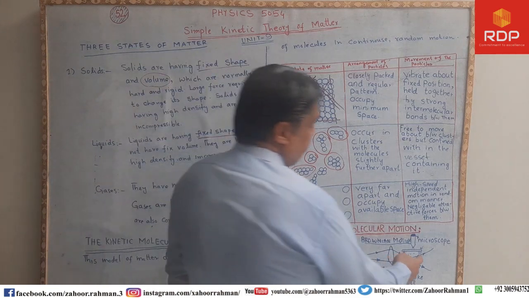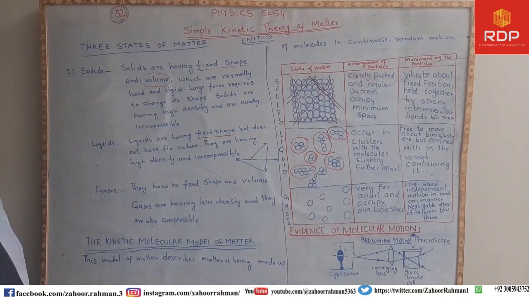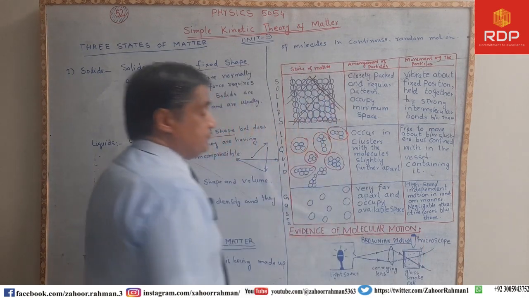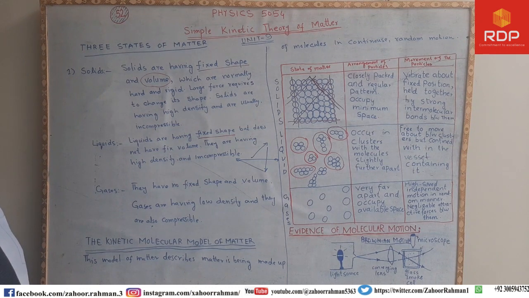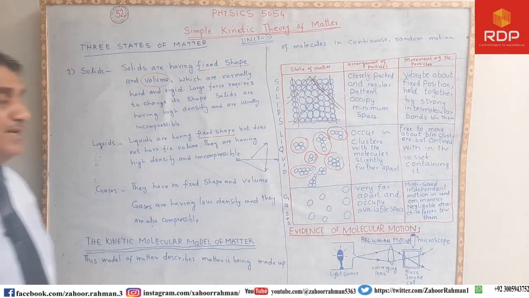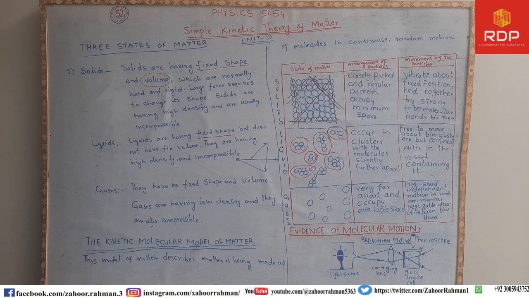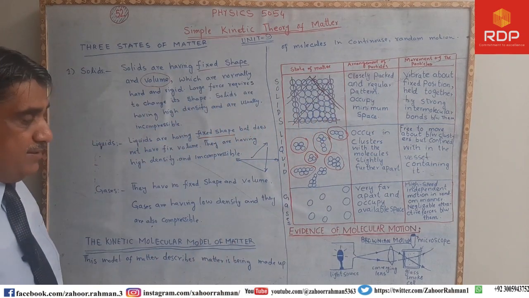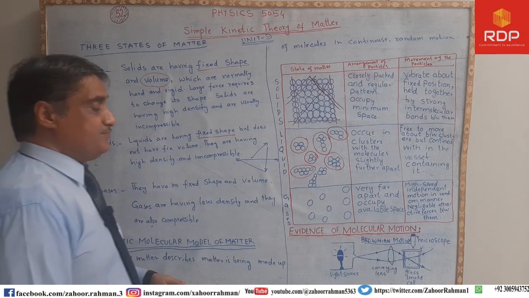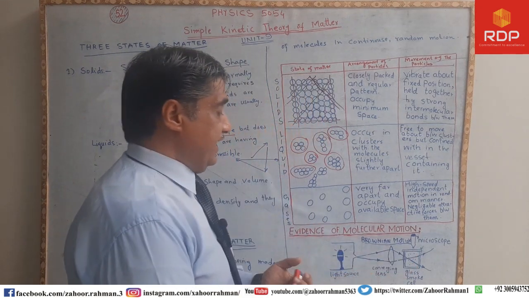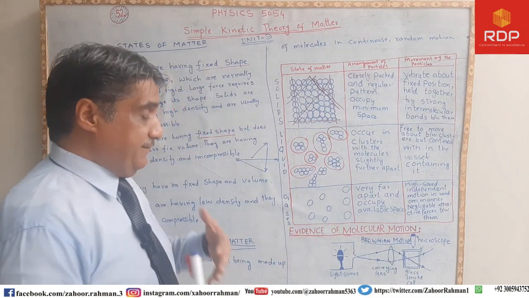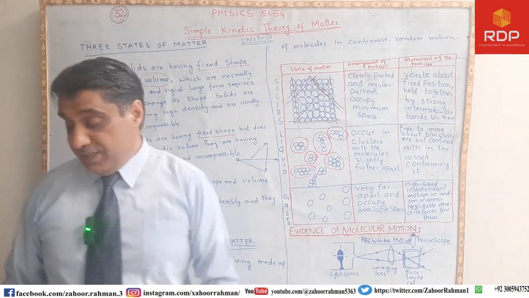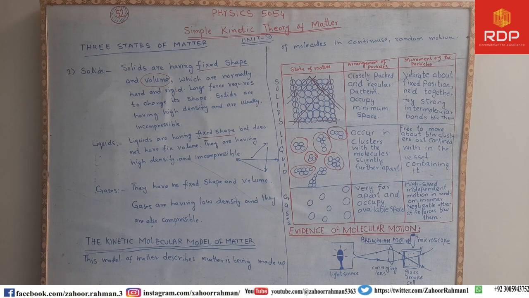We cannot see the atoms or molecules visually, but the smoke particles which we can see under the microscope are telling us that these smoke particles are moving in the container randomly, because there are air molecules, and those air molecules are hitting the smoke particle, and we can observe those smoke particles, and we can conclude that every matter is consist of molecules.